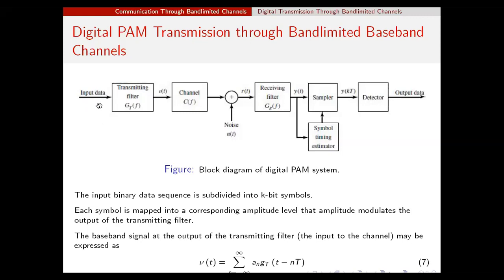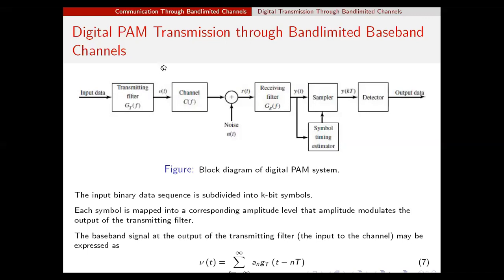See, if you observe over here, input data refers to the symbols. What does this transmit filter do? It will convert the symbols to pulses of corresponding amplitudes. If the input data is AN, then the transmit filter will convert the symbol to a pulse of amplitude AN.